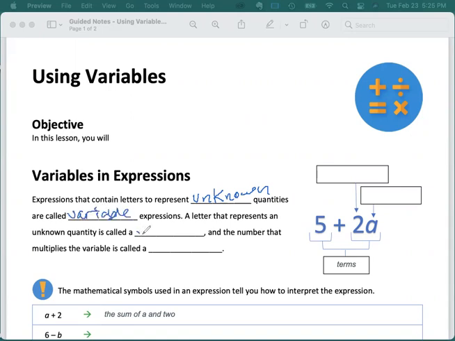So the letter that's used to represent an unknown quantity is a variable, and the number that multiplies it is the coefficient. So this 2 over here is the coefficient, and the a is the variable, the unknown number. All right.